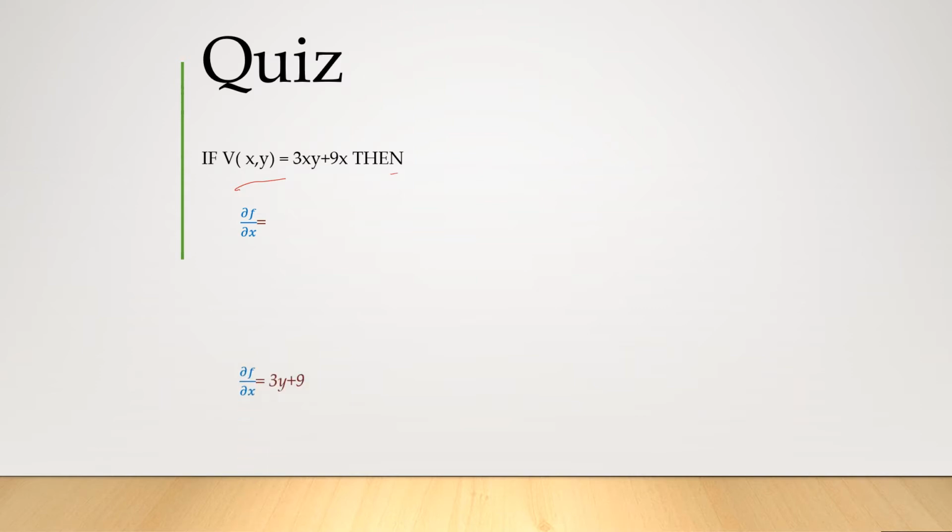Okay, it's 3y plus 9. If you have told this, you are right. Another quiz. What is dou f by dou y here? I will give another 5 seconds. Okay, it's 3x.